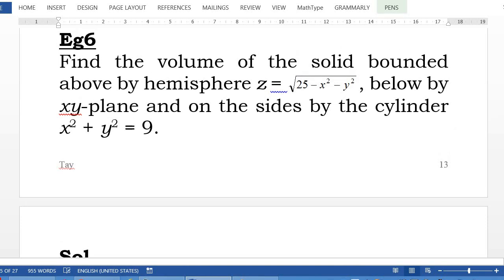Okay, example 6. Find the volume of the solid bounded above by the hemisphere, the same hemisphere, z equal to the square root of 25 minus x squared minus y squared, below by the xy plane, and on the side by the cylinder x squared plus y squared equal to 9. Meaning the top is the hemisphere, the bottom is the xy plane, but the side is a cylinder.